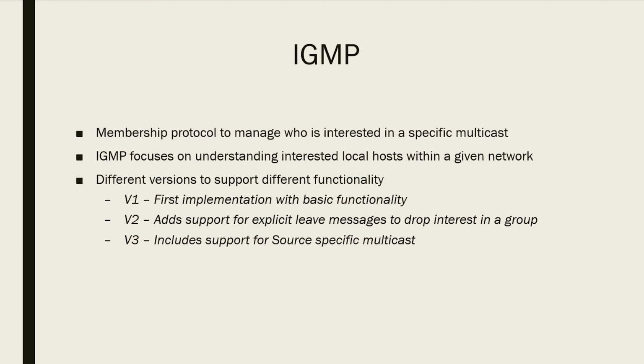Now, version 2 adds support for that destination to explicitly say, hey, I'm not interested in this anymore. Stop sending me it. What the router is going to do in the actual background is then say across the network, hey, is actually anyone else interested in this traffic, or can I stop sending? As a result, if something is interested, it will reply back and say, yep, I'm interested still. And happy days, the router will still forward on the traffic.